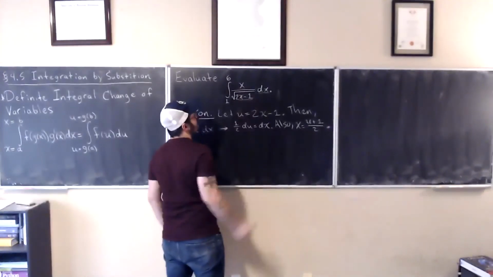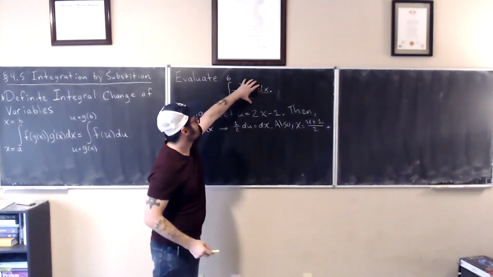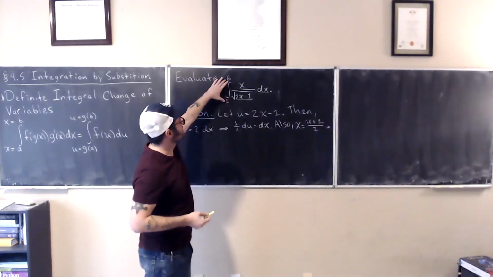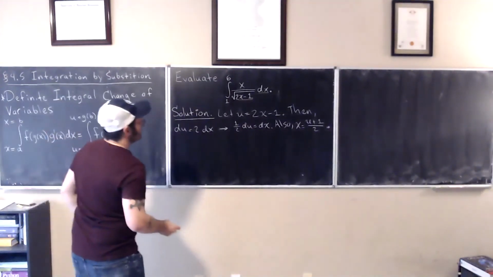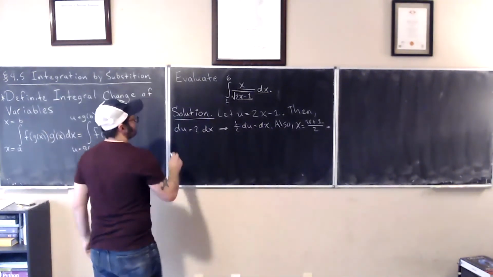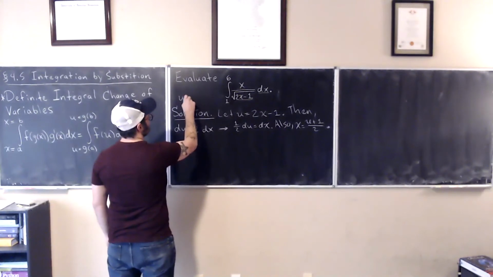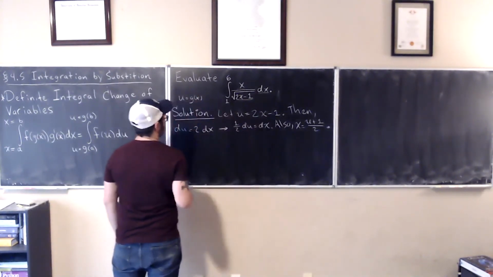this piece as well, and I can rewrite this entire definite integral, what we're integrating on, in terms of u, but now I need to also change the limits of integration. So just note that u is equal to g of x, which is that thing right there.